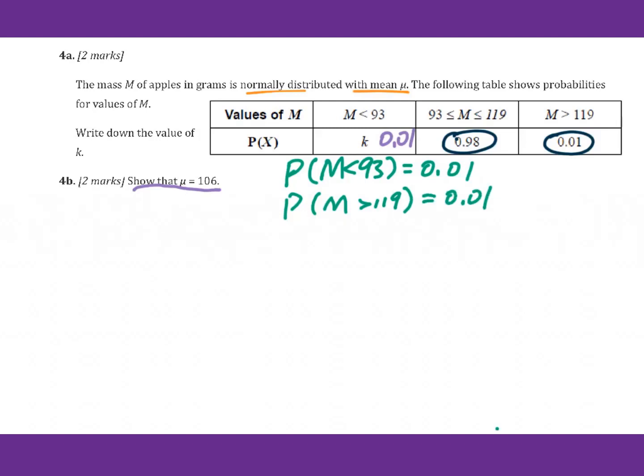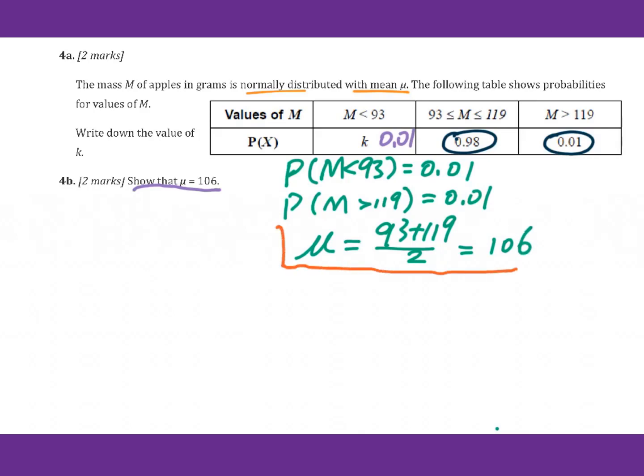Therefore, the mean equals (93 plus 119) over 2, which equals 106. The reason we do that is the normal distribution graph is symmetric across this mu, and these two probabilities are equal. Therefore, the midpoint between 93 and 119 will be the mean.